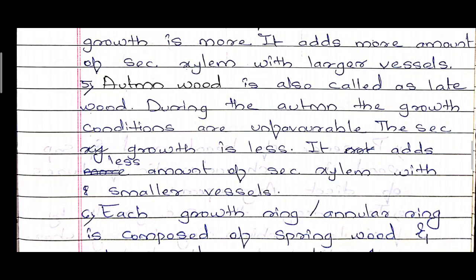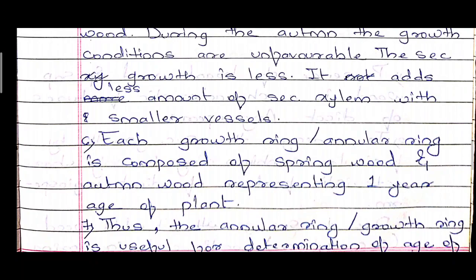In spring season growth will be more, so secondary xylems and larger vessels are added in the plants, and in autumn season comparatively less secondary xylem and smaller vessels are added.